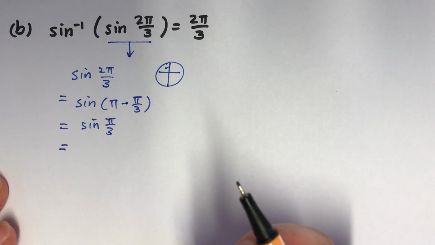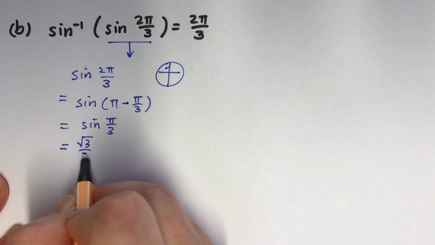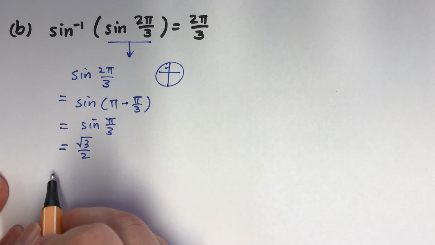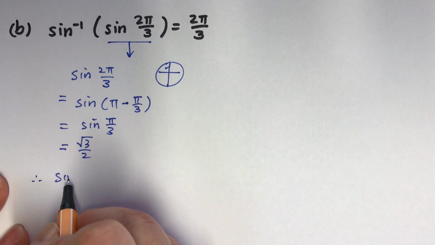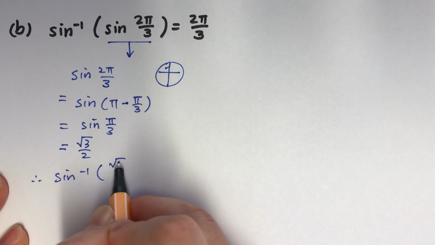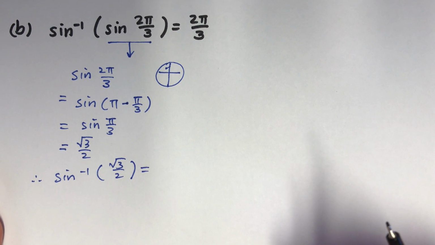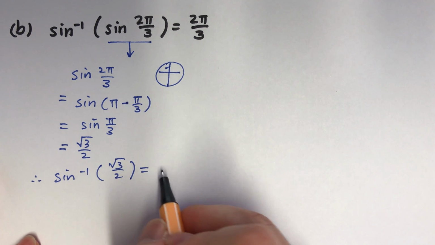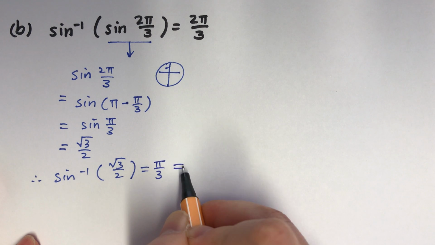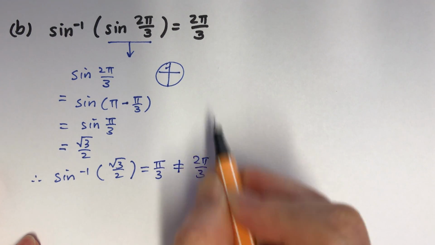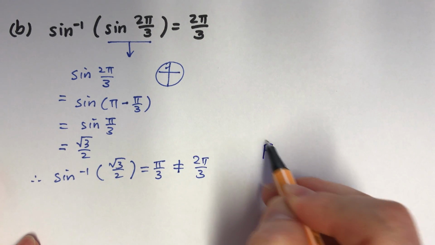Sine pi over 3 is sine 60, which is root 3 over 2. So therefore inverse sine root 3 over 2, that's sine 60 will give you root 3 over 2, so pi over 3, which is not the same as 2 pi over 3 up there. So it's false.